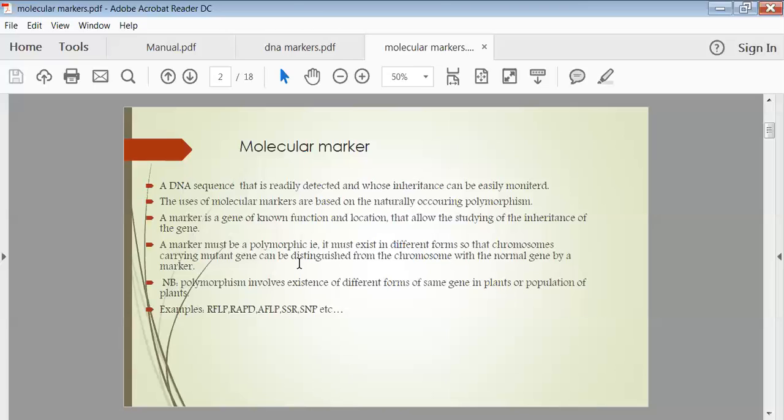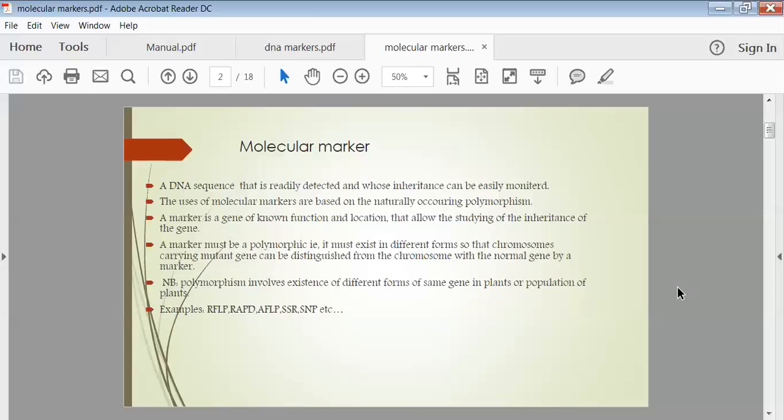Based on this polymorphism, polymorphic information content is also calculated. Polymorphism involves the existence of different forms of some gene in a population. Here are some examples: RFLP, restriction fragment length polymorphism, RAPD, AFLP, SSR, SNP.